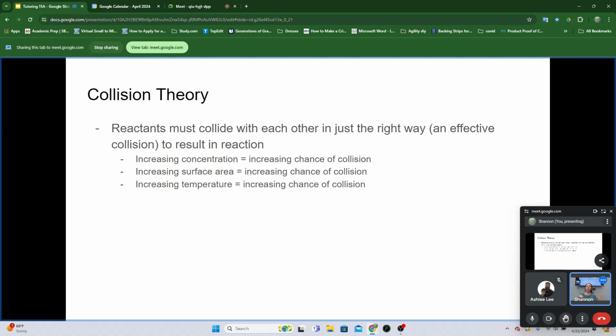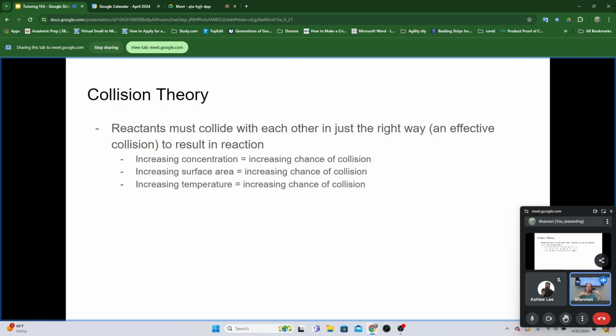Now, the more collisions we have in a certain amount of time, what is happening to the rate of the reaction? Increasing or decreasing? Increasing, okay?